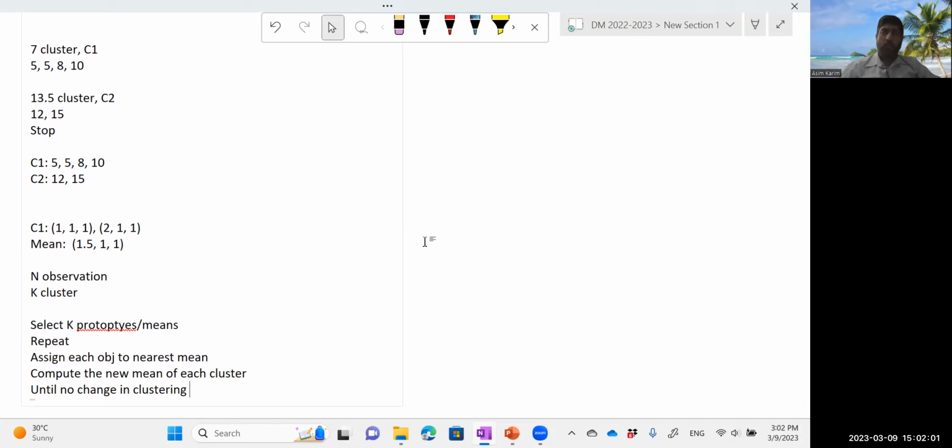So in pseudocode it's just 3, 4, 5 lines, not very difficult. So you have to repeat two steps. एक step assignment का step है, दूसरा step जो है वो basically मीन कंप्यूटेशन का है, ठीक है. And through this process, we are actually maximizing or minimizing an objective function.